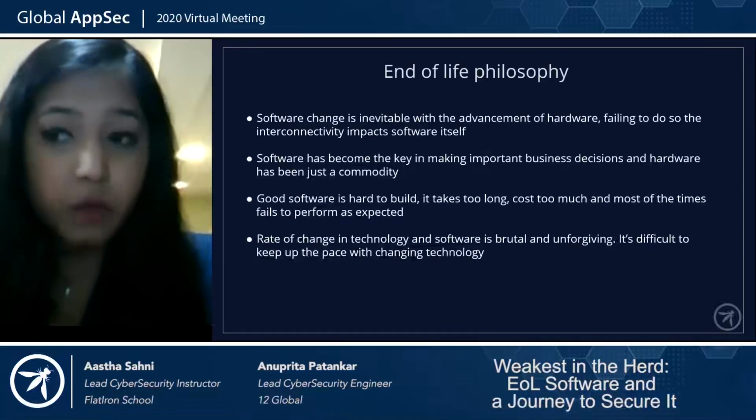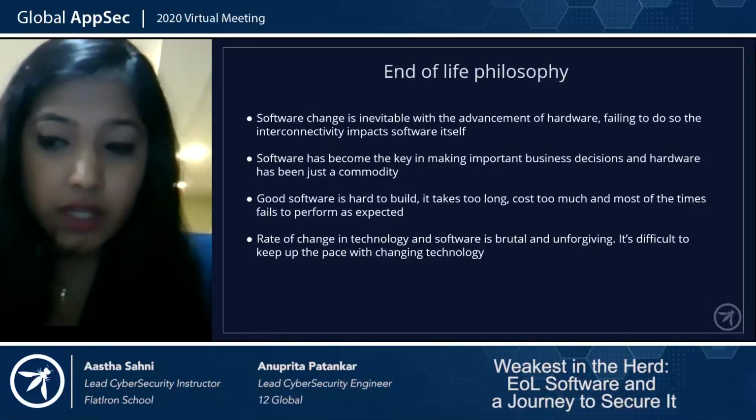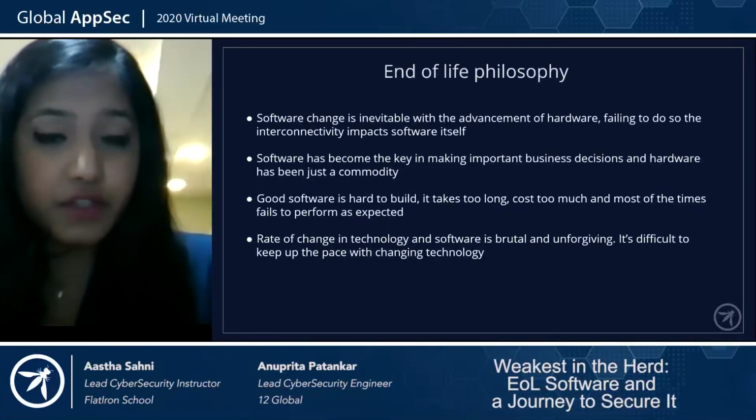When we talk about differentiating your business from the rest, we mainly talk about the software that you're offering to your customers. It is very important, and it differentiates your company and makes it unique.